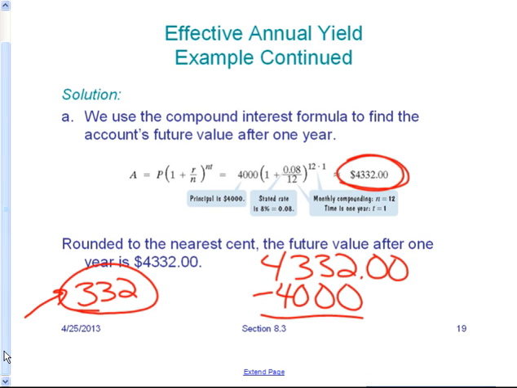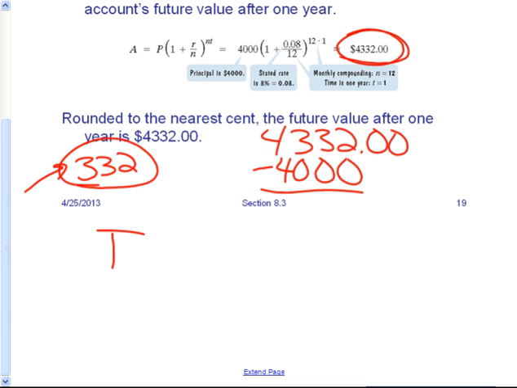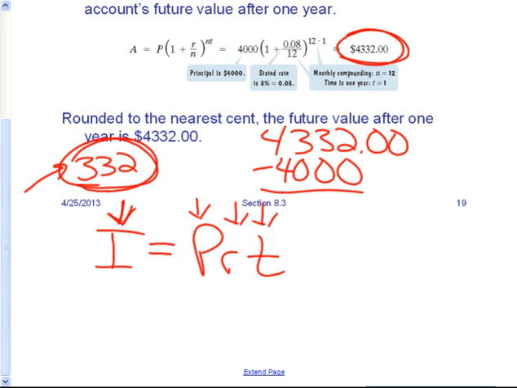Remember simple interest, I equals PRT: interest, principal, rate, time. I know the interest is $332. The principal I deposited is $4,000.